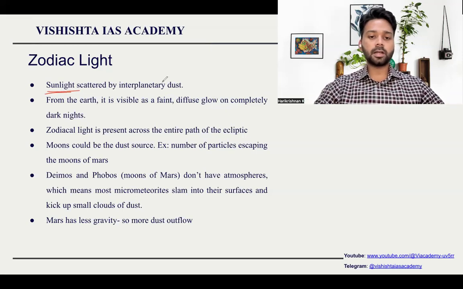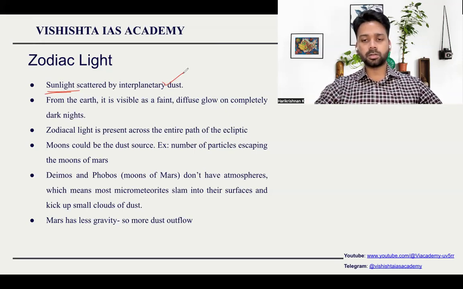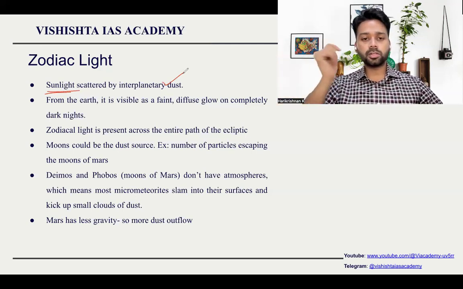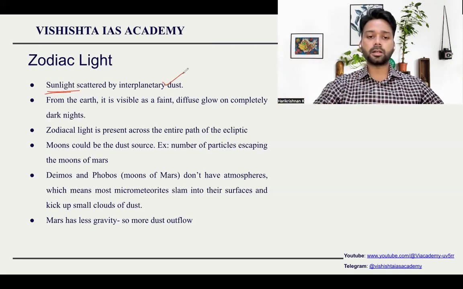These are sunlight scattered by interplanetary dust. Sunlight traveling from the sun towards the earth or any planet gets scattered because space is covered with a lot of dust particles. This is called zodiac light.